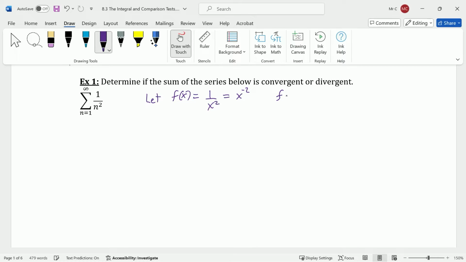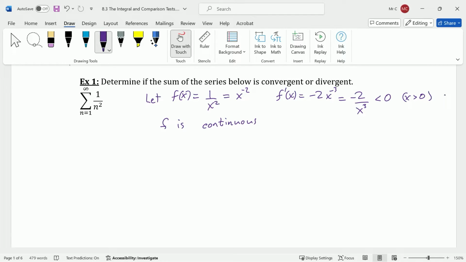So if I take f prime of x, I get negative 2x to the negative third, which is negative 2 over x cubed. And what we see is that f is continuous for any x greater than 0, and it also has a negative derivative for any x greater than 0.